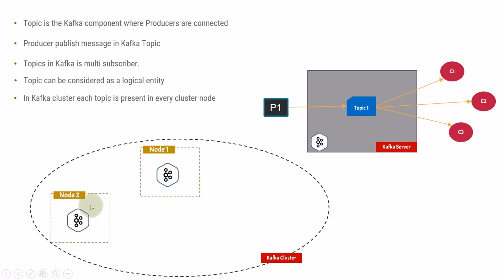There is node 2 and there is another Kafka broker, and there is node 3 and it also has a Kafka broker. So this Kafka cluster is made up of 3 machines or 3 nodes. Now the topic will be present here also, and here also. This is a logical definition: if you create a topic inside a Kafka cluster, then it will be present inside every node or every machine of that cluster.